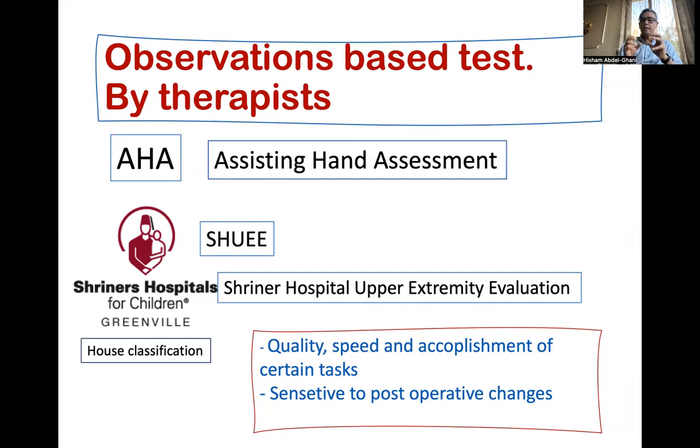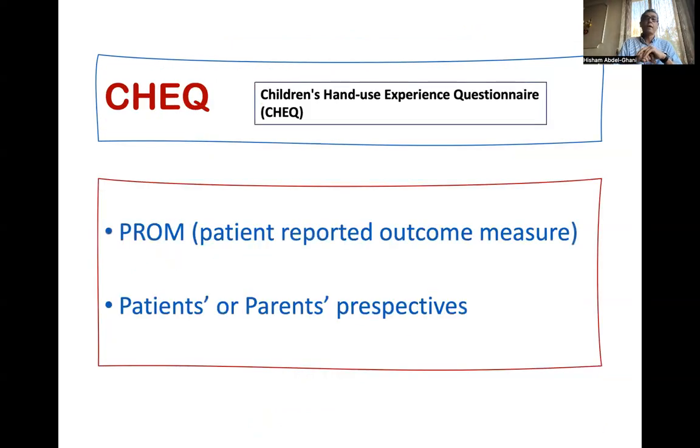They are mainly used to assess the post-operative change and whether these patients benefit from surgical intervention or not, because even after surgery the patient may achieve the missing movement but may not get any improvement in his functional status. But because these tests are not enough, we have to ask the parents, the caregiver, and the patients themselves about the functional use in their normal life at home.